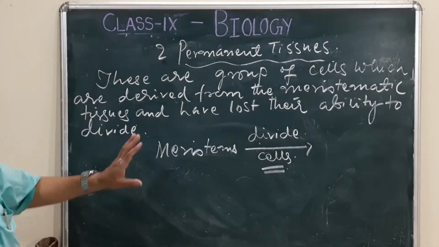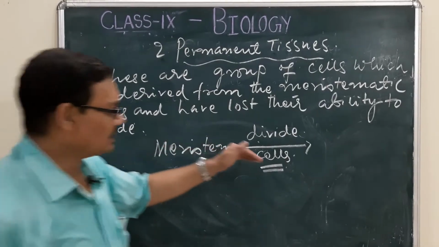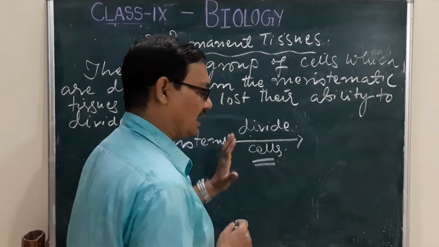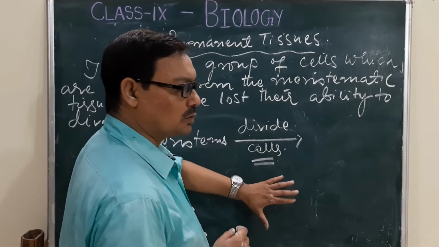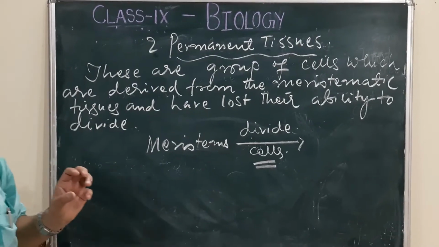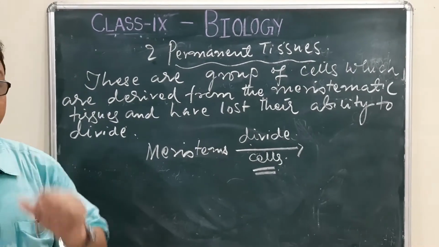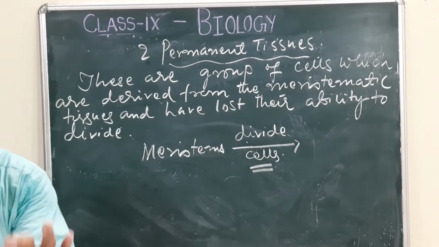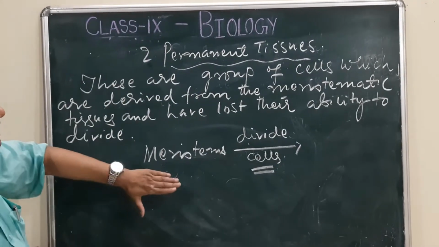When the cells divide, and after division the tissue gets a permanent shape, a permanent size, and performs a permanent function, that is the permanent tissue.